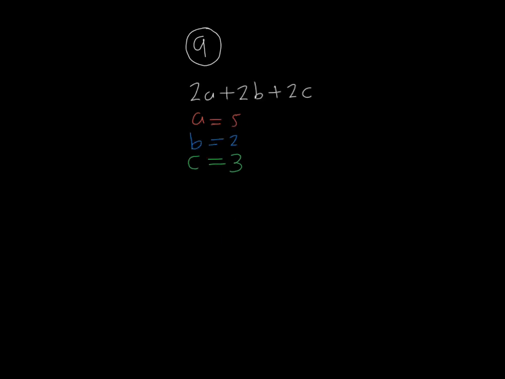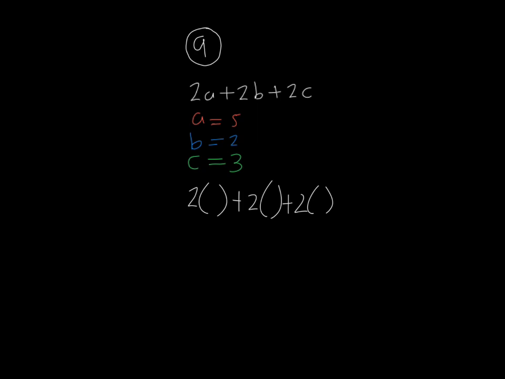So for question 9, we are given the expression 2a plus 2b plus 2c, where a equals 5, b equals 2, and c equals 3. And we are asked to simplify this expression.